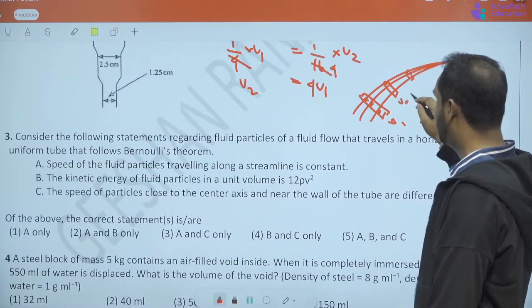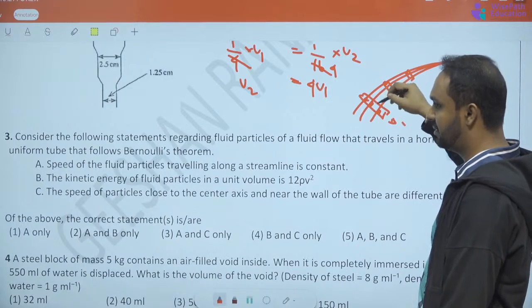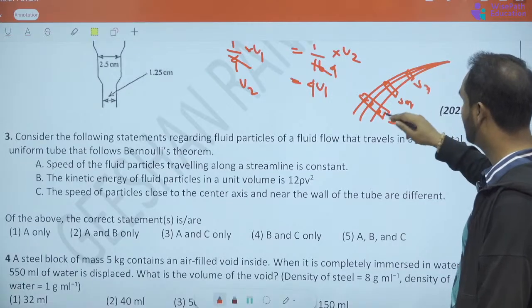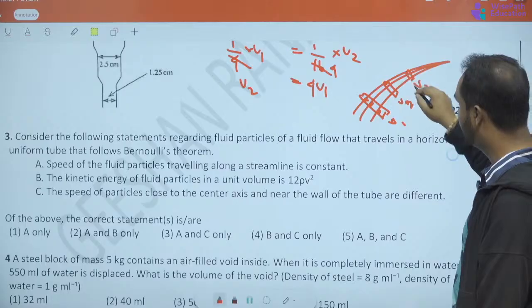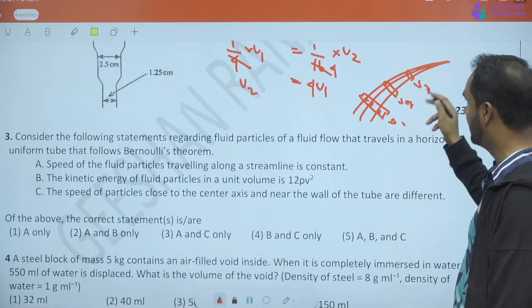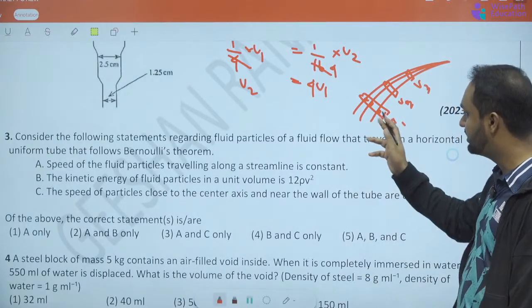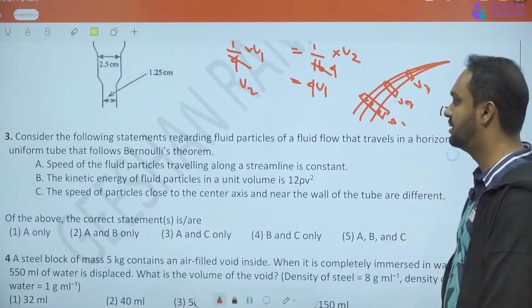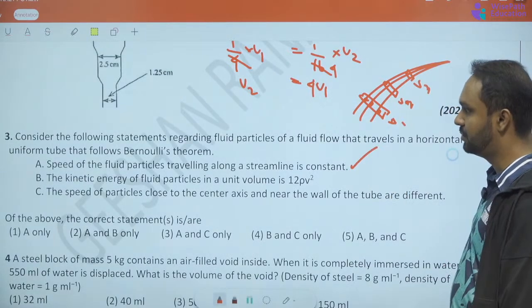From place to place the velocity may differ, but at a certain point the velocities are equal, of course. All these three velocities of these three particles are equal at these certain points, but in different places their velocities are different, but at a certain point their velocities on that streamline are equal. So the statement that the speed of fluid particles traveling along a streamline is constant, that is true.